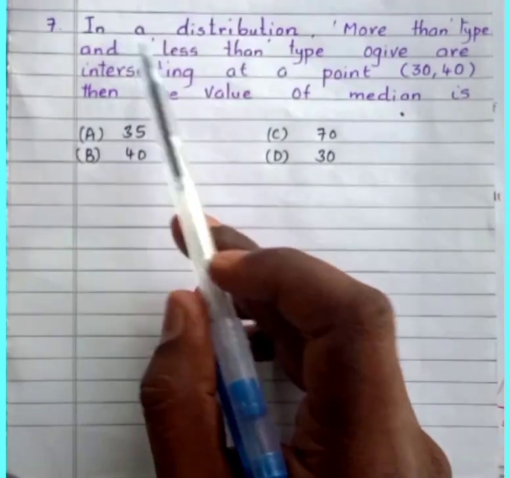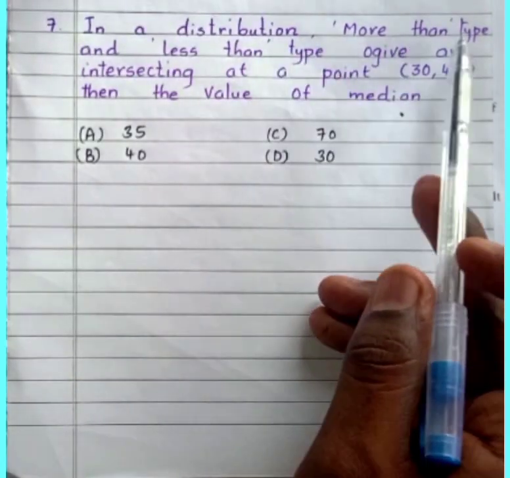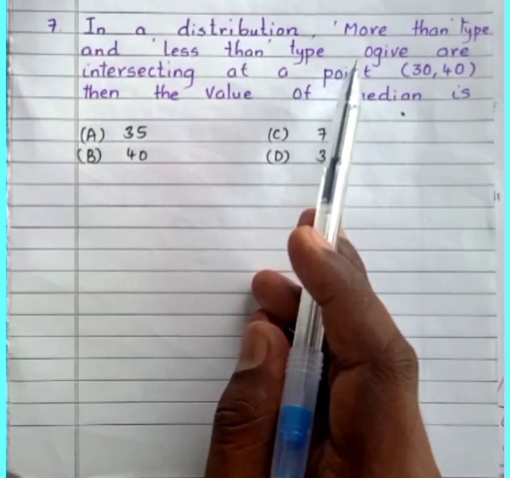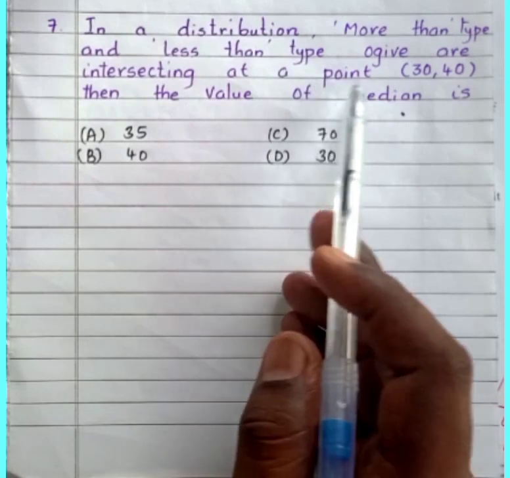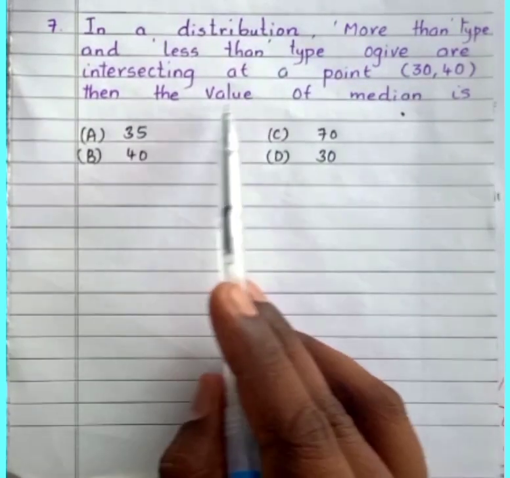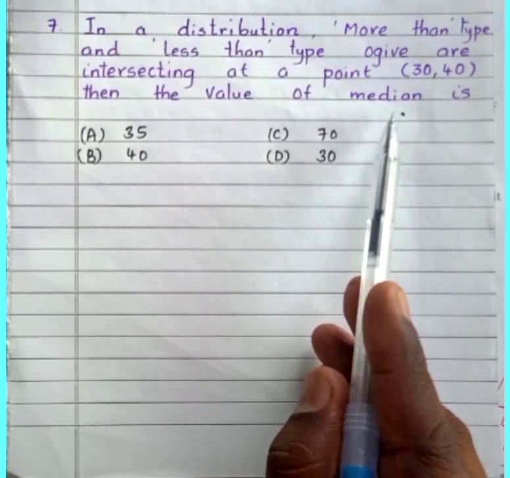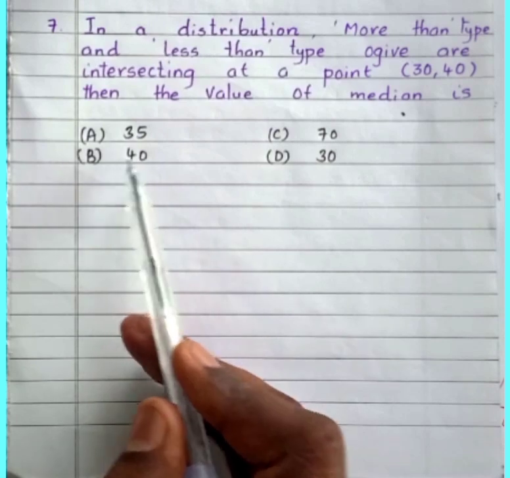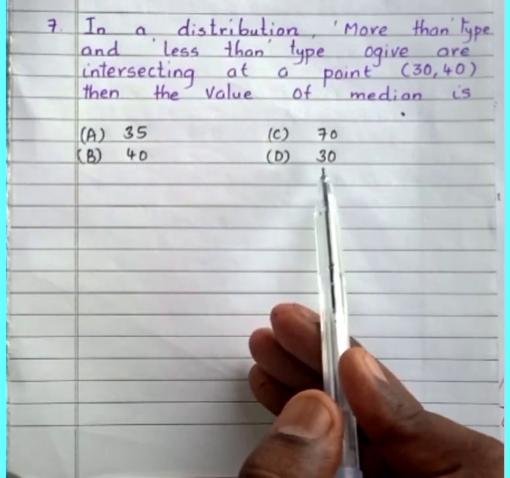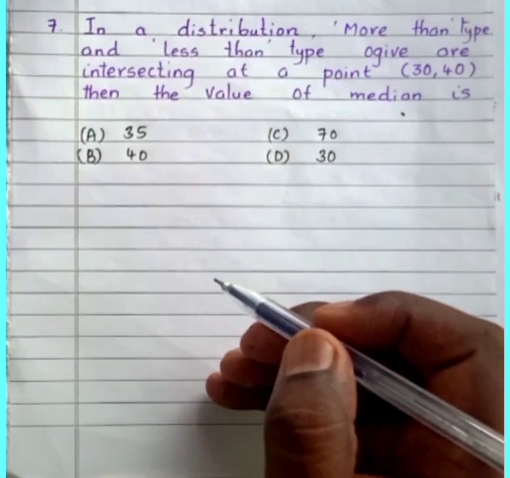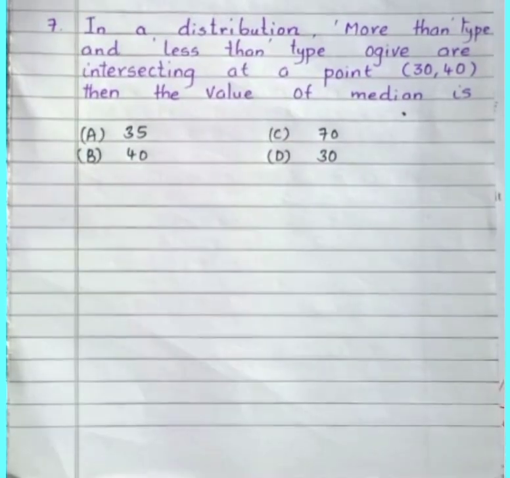Now moving to 7th question. In a distribution, more than type and less than type ogive are intersecting at a point 30, 40, then the value of median is option A 35, option B 40, option C 70, option D 30. Less than type and more than type ogive are intersecting at point 30, 40. Now I'll represent it graphically.